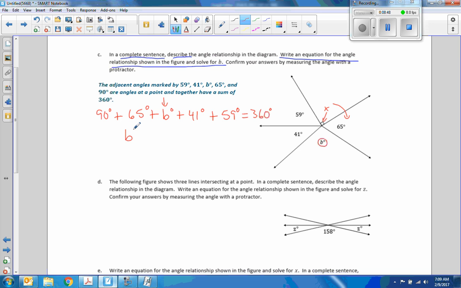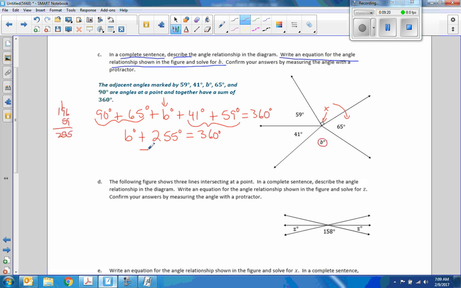And now I'm only dealing with one unknown, which is b. So I'm going to write b first, and I'm going to combine all of my constants, which are these two and these two. So 90 plus 65 is 155, and 41 is 196, and 59 is 255, and that equals 360 degrees.